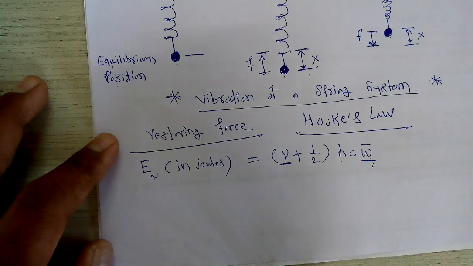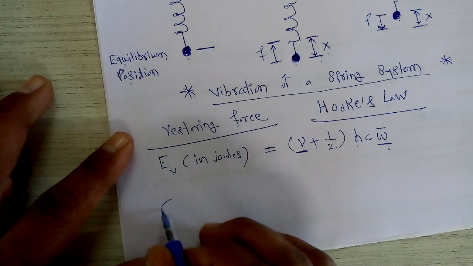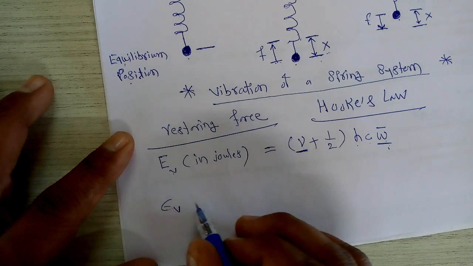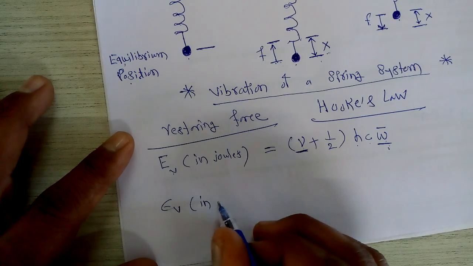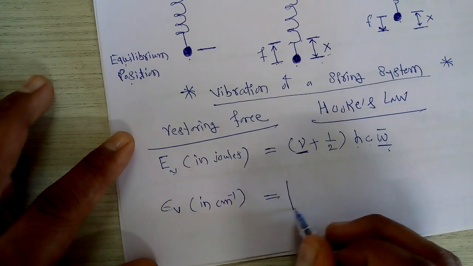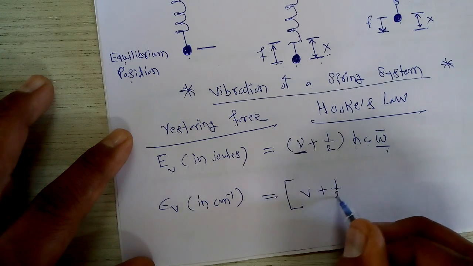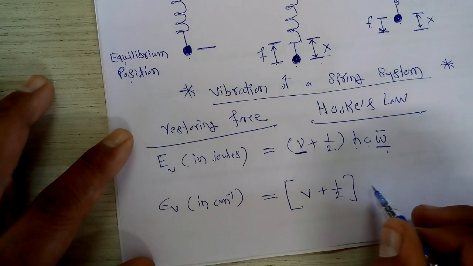Now if we want to calculate this energy in per centimeter, then it is called epsilon v in per centimeter, which is equal to (v plus 1 by 2) into omega bar.